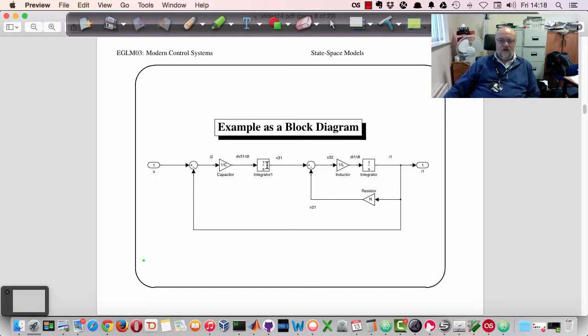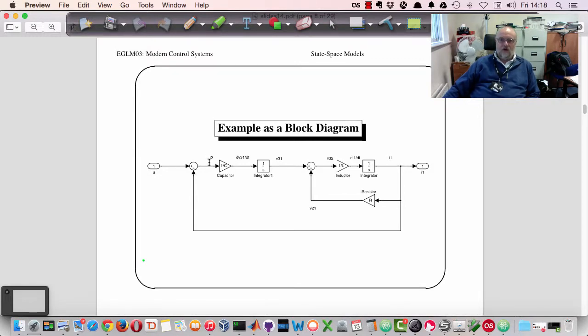This is for the voltage across the capacitor, this is for the current through the inductor. We have a bit of feedback through the resistor around this circuit, and we have overall feedback from the current through to back here to provide the current going into the capacitor. So that's the block diagram representing the state equations that we're going to use in a minute.